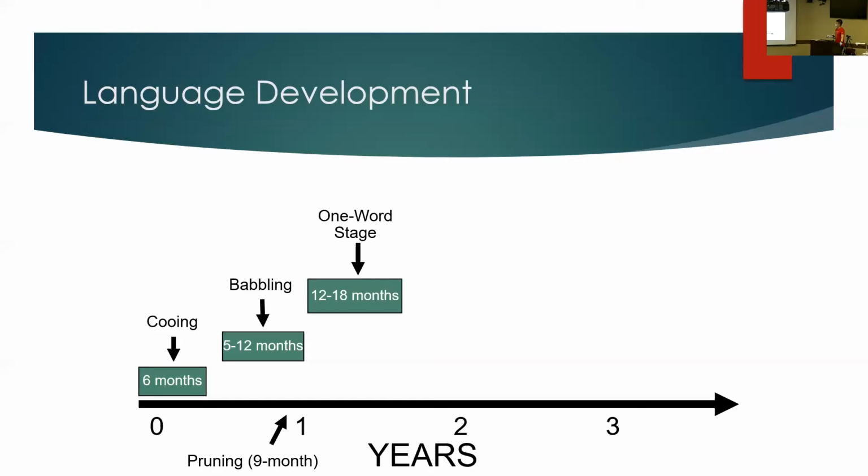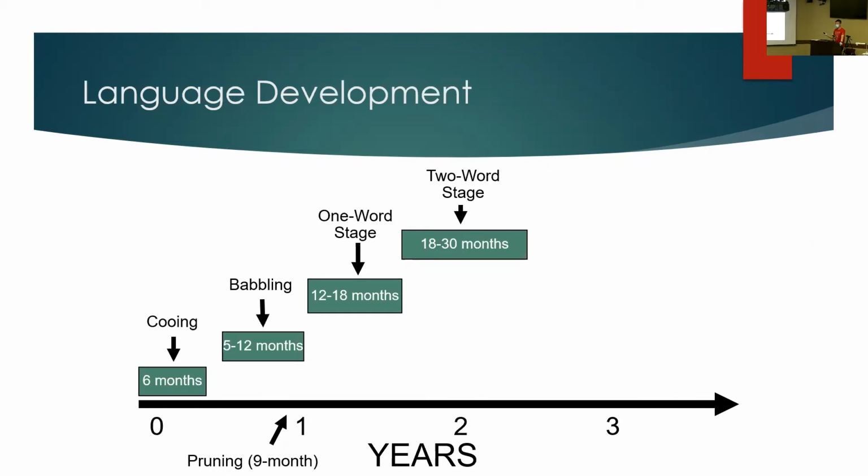And then first year to 18 months, that's called the one-word stage. This is when they produce single words like no, mama, tata, something like that. Next will be 18 to 30 months. That's when they have the two-word stage, such as my ball, go away.